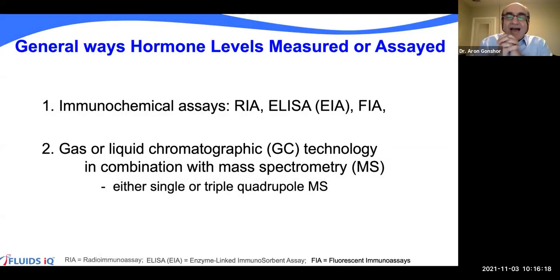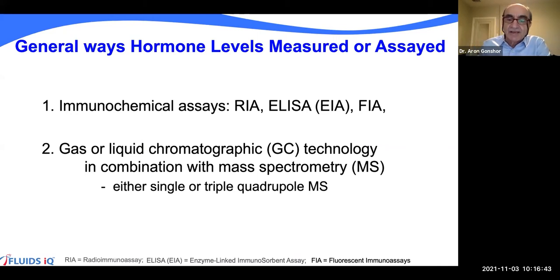In order to assay or to look at these various types of hormones and their levels, if you want to measure them, there are two general groupings of test profile modalities that you can use. One is under what we call the immunochemical assays. And you've seen some of these acronyms: RIA, ELISA, FIA.